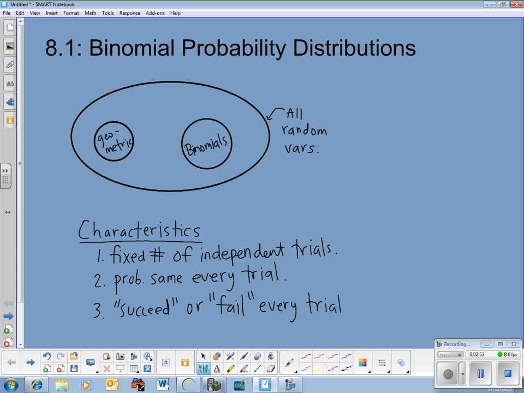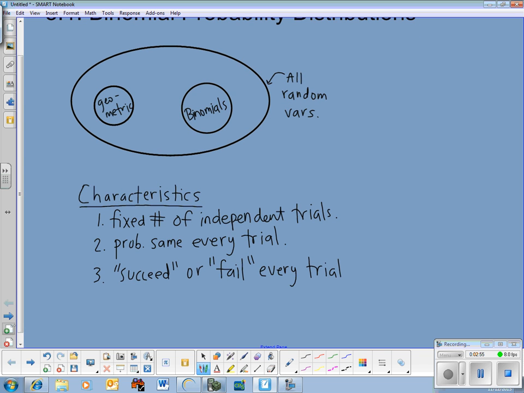And the question that's going to be asked is this. What's the probability, you write it in probability notation, the probability of r successes out of n trials. So do anything 10 times. Shoot a basketball, flip a coin, consider a success and a failure and see how many times you succeed out of 10.